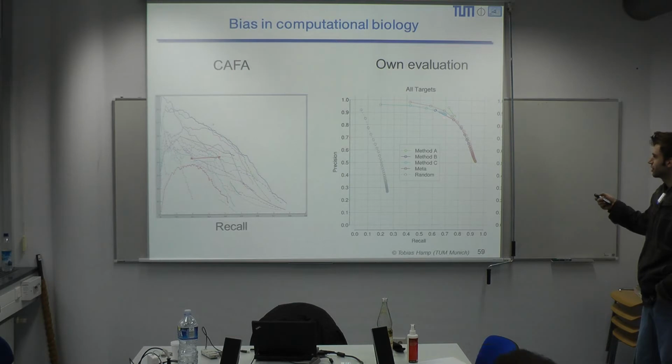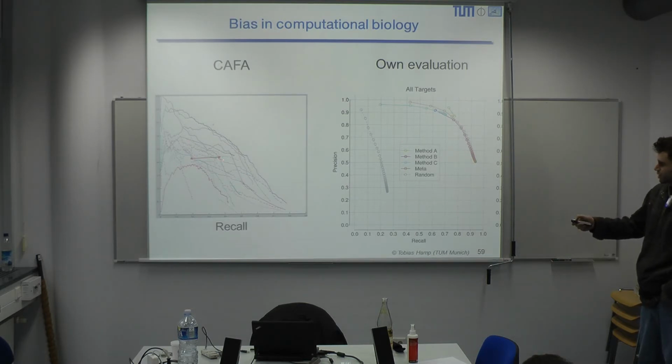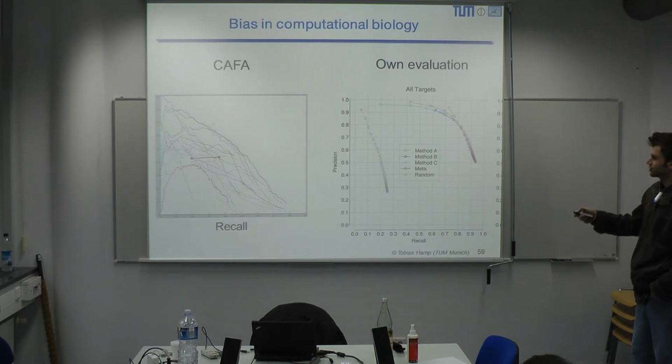This is an evaluation that we did ourselves before the CAFA meeting of our 3 methods, and you can see here one method A in green up here, and the same method in the CAFA experiments is down here. I ask you to give me reasons how such a difference in the evaluation can happen. What is it that we did wrong here?